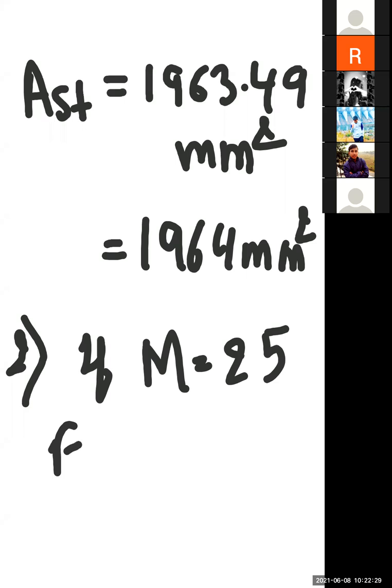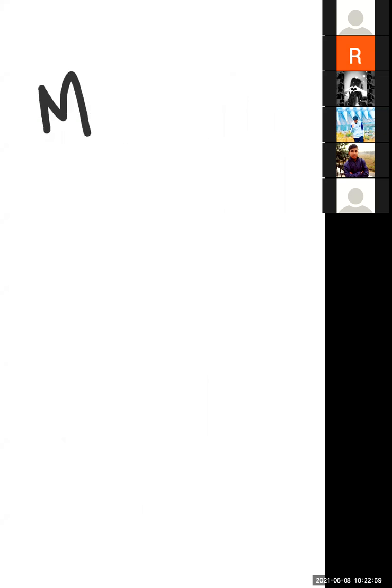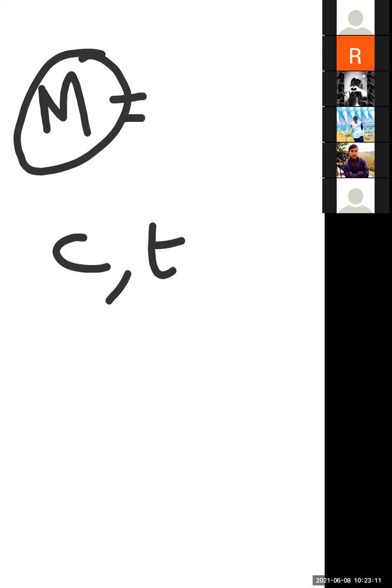Basically, in that question, in the first part, we have to find out stress in concrete and steel, that is C and T. And in the second part, we have to find out moment.